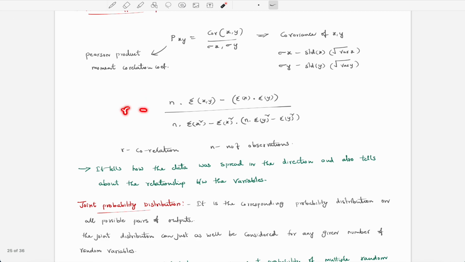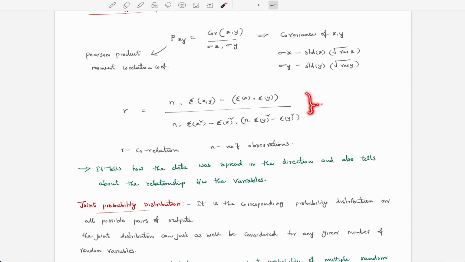So how are we going to find this correlation? r is equal to n times the summation of x y, minus the summation of x times the summation of y, divided by the square root of n times the summation of x squared minus the square of the summation of x, times n times the summation of y squared minus the square of the summation of y.